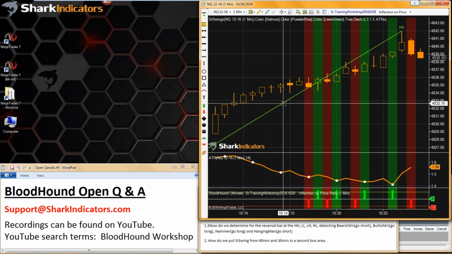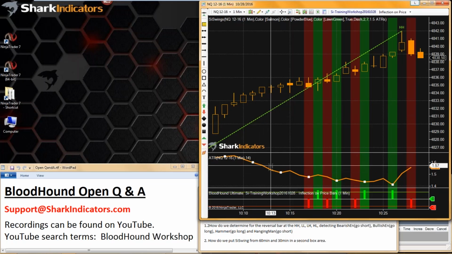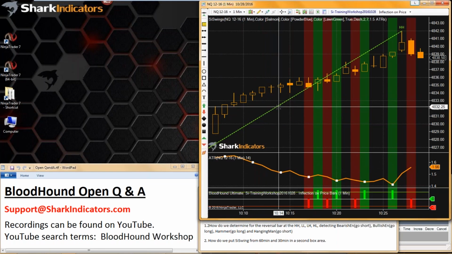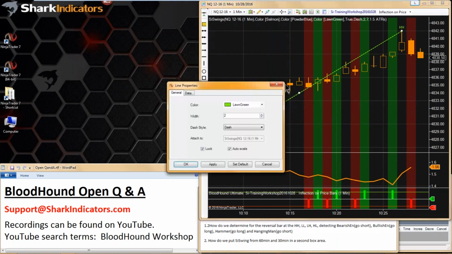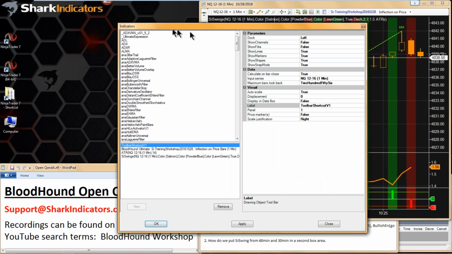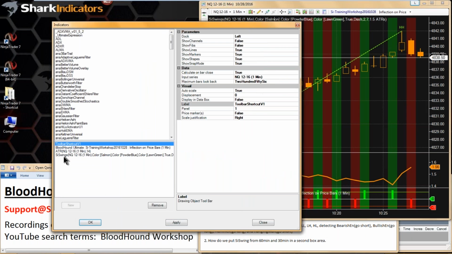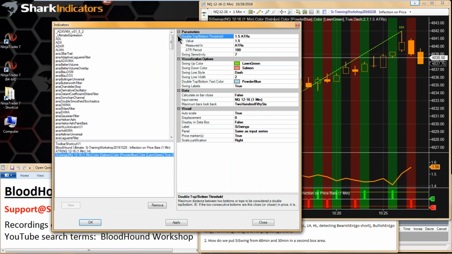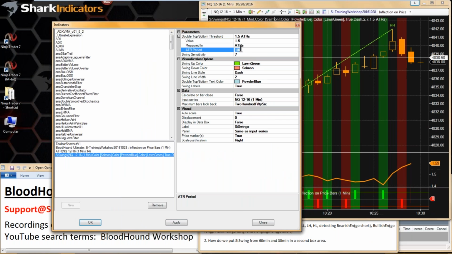So if I want the ATR on my chart to match the ATR used in the swing indicator, I need to go back in the swing indicator and change my ATR period to 14. That way the swing indicator ATR setting matches the ATR I've got on my chart.